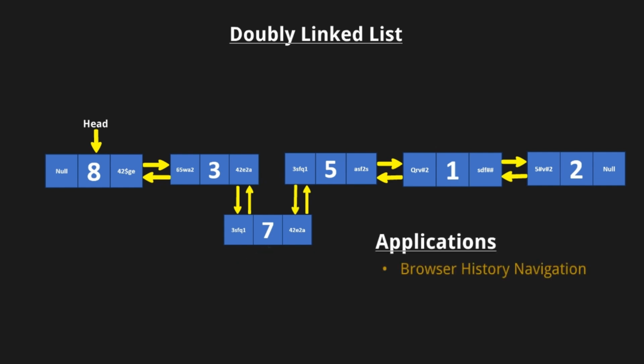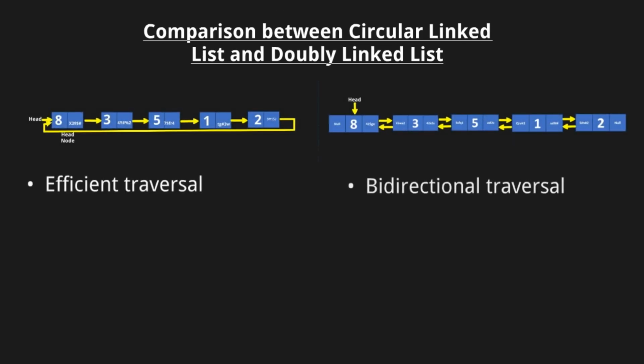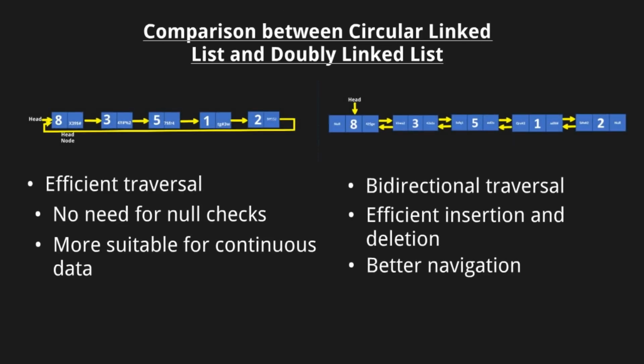A doubly linked list is perfect for tasks like browser history navigation, where you can move back and forth between web pages. While circular linked lists are great for continuous cycles, doubly linked lists provide flexibility for forward and backward traversal. Each variation solves specific limitations of singly linked lists.